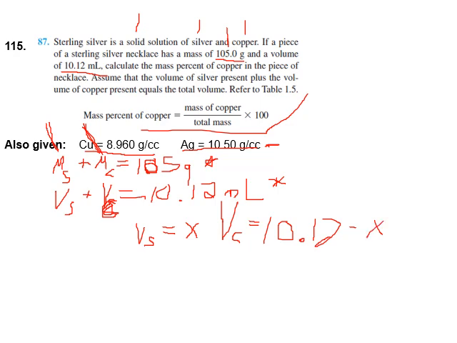It has to be 10.12 minus X. So we can rewrite this equation. I'm just going to go to the next slide, but we're going to rewrite this equation right here.